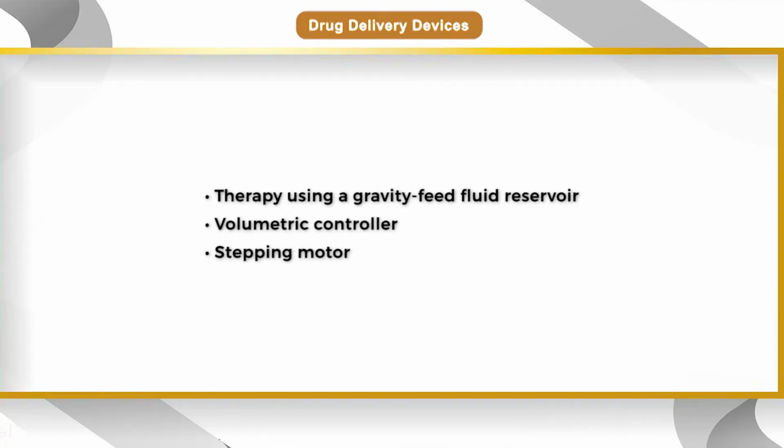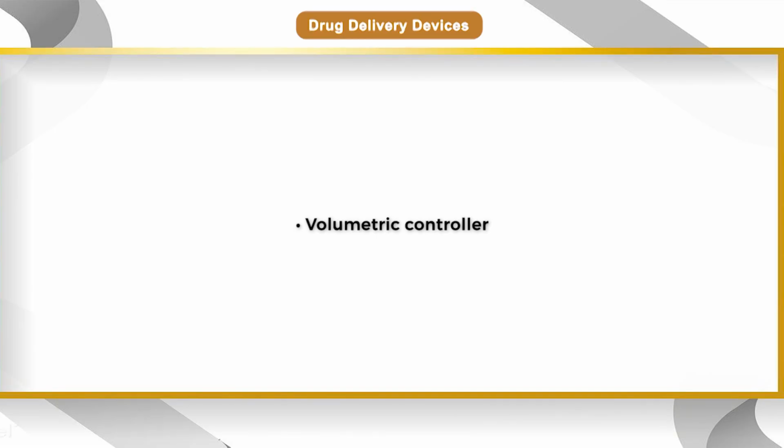Drug delivery system. Continuous drug administration is needed for drugs with a narrow therapeutic range. Drug infusion pumps are used for that therapy, using a gravity feed fluid reservoir. It is inexpensive and widely used, but it is not very accurate. Volumetric control is required. An LED and photo detector are used to detect the drops in the drip chamber of a conventional set.